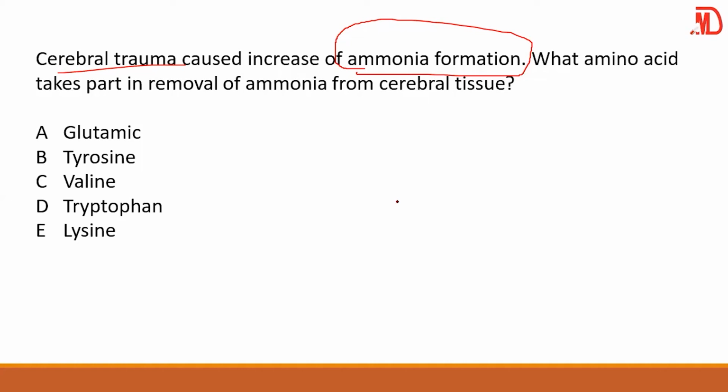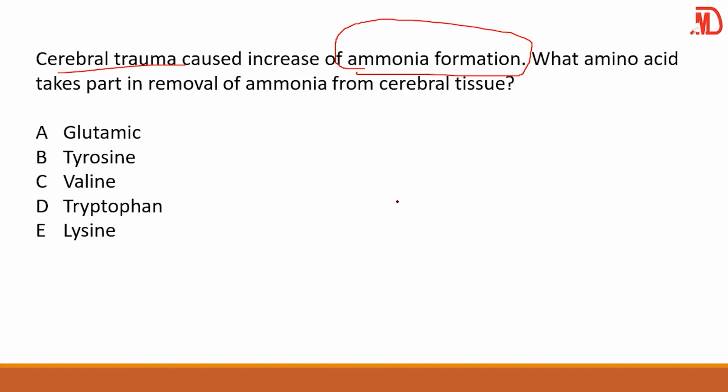Now, simply put, ammonia intoxication will occur when there's too much ammonia inside the blood or inside the brain. Why? Because of inability to detoxify this ammonia, and it is detoxified by the use of what we call glutamate or the glutamic acid.